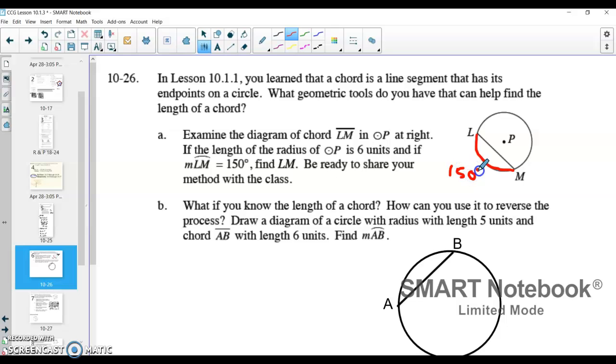Sorry, writing on my stylus thing. 150 degrees is that arc measure, and it's also saying that we know the radius, so P to M would be a radius, and P to L would be a radius. Those radii are 6 units long.